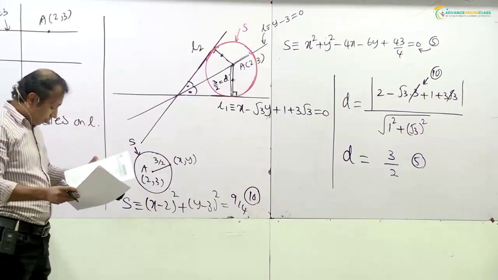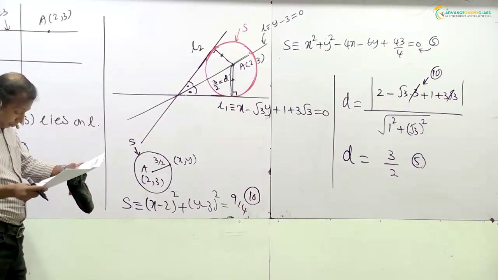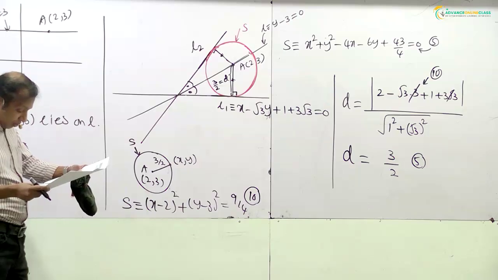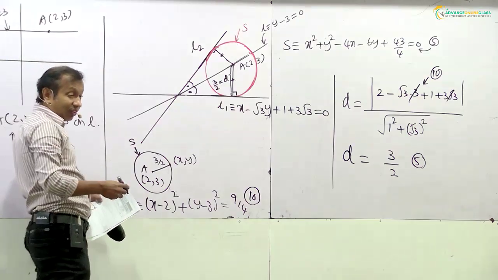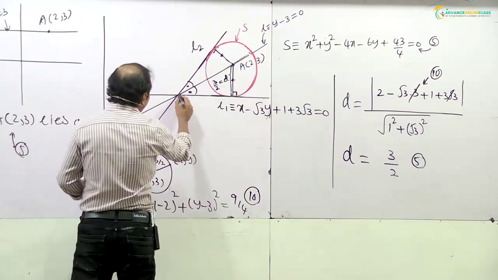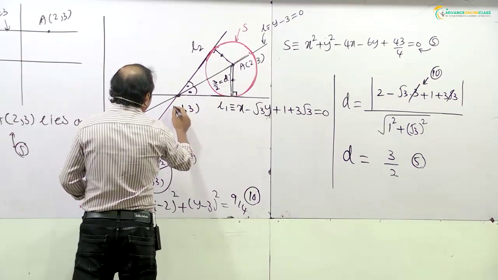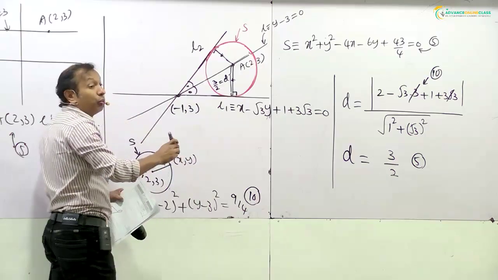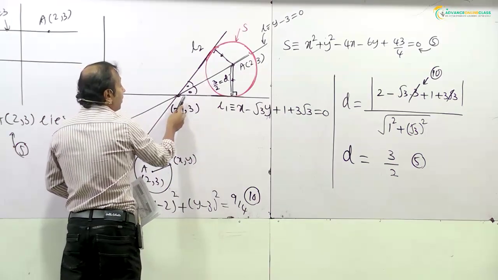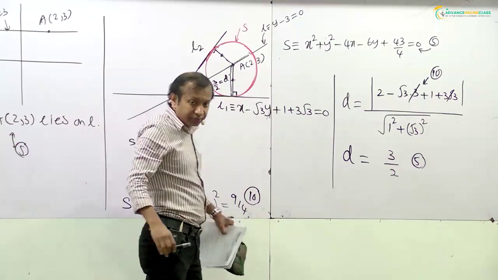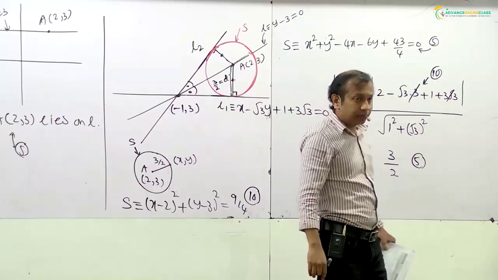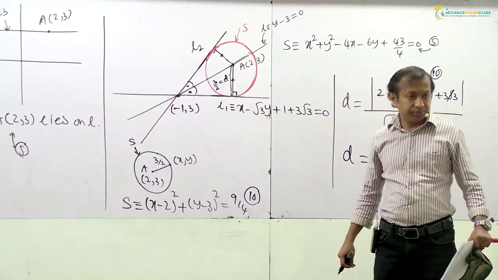Now, what is asked next? Hence, find the equation of the tangents drawn from (-1, 3) to the circle S. Where is (-1, 3)? The point of intersection of the two lines L1 and L2. It is this. Now, what are the two tangents drawn to S from this (-1, 3)? L1 and L2. Is it clear?